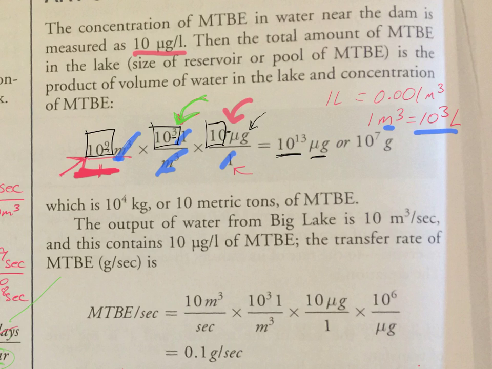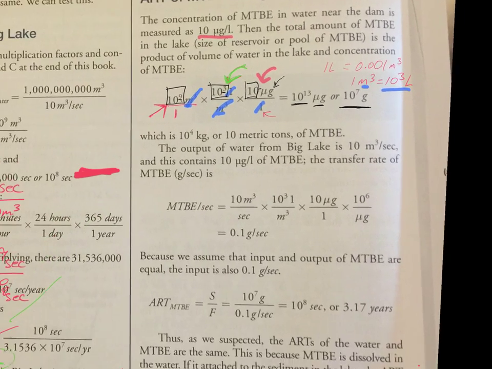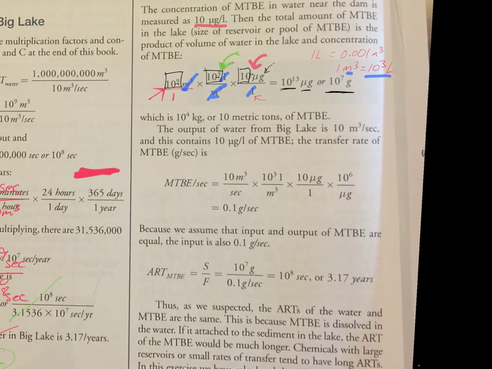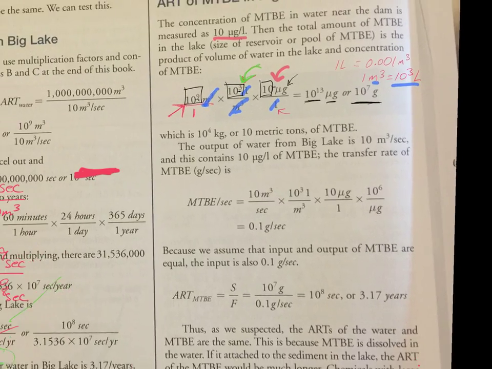It's left over. And if you look at micrograms, 10 to the 13 micrograms is the same as 10 to the 7th grams. We could do the dimensional analysis for micrograms if you like, but I think you've had enough of that.